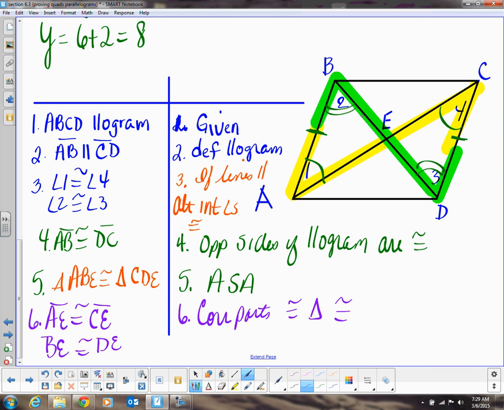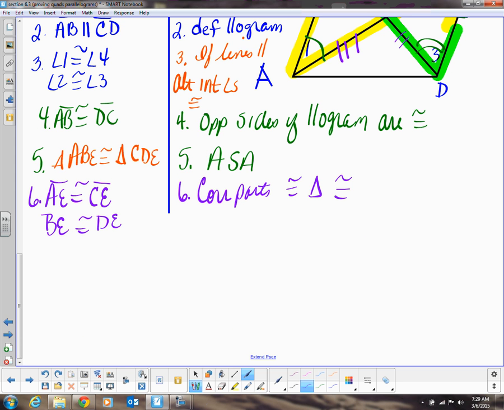So now we just stated that this segment's equal to this segment, and that segment's equal to that segment. So if this segment's cut in half and that segment's cut in half, how do we know they're cut in half? Their reason was definition of bisector. And I would say definition of segment bisector.